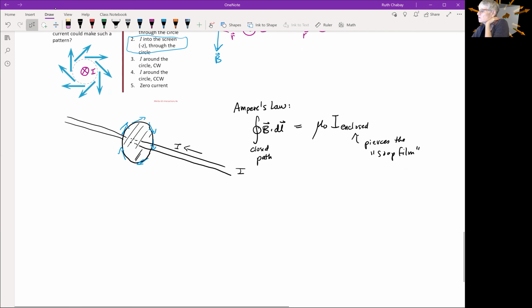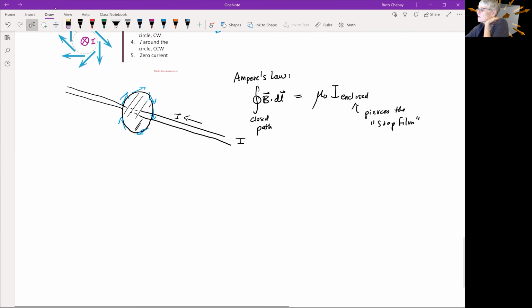Now, there's an issue with signs here. Depending on whether we go clockwise or counterclockwise, we're going to get B dot dl being positive or negative. And so we are, by convention, going to take a path counterclockwise from our viewpoint.